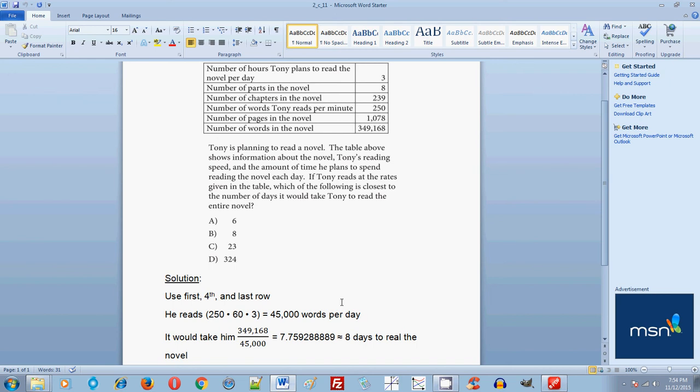And using your calculator, because this is section 4, you will find that it's 7.759288889 days. And you round that to the closest day, which is about 8 days. So it will take him 8 days to read the novel, which is answer choice B. B is the correct answer choice to this problem.